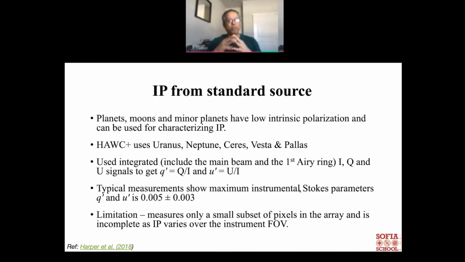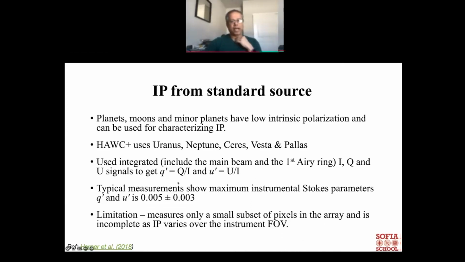So what we do is we go ahead and do polarimetric observations of the standards that we are observing, and the final product which we get, which is I, Qs and Us, we do basically a photometry of that signal, and we need to make sure that we are including the main beam as well as the first Airy ring, so the entire source is integrated, and you measure your I, Qs and Us to get your instrumental polarization Q primes and U primes.